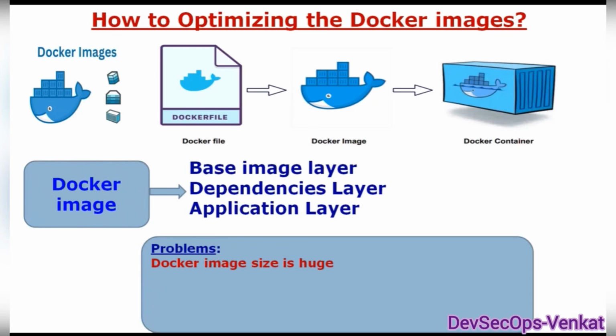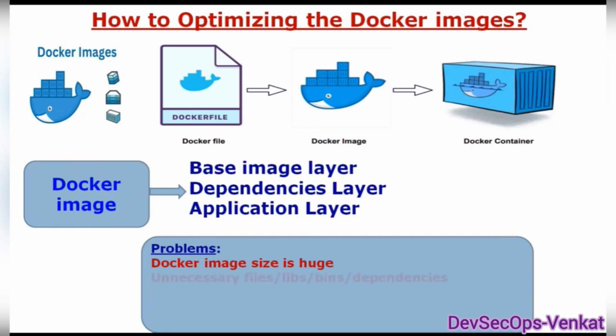So if the size of the Docker image is less, at the same time we have fewer vulnerabilities in the Docker image. If we have fewer vulnerabilities and can remove unnecessary layers and files, what we call optimizing the Docker image.